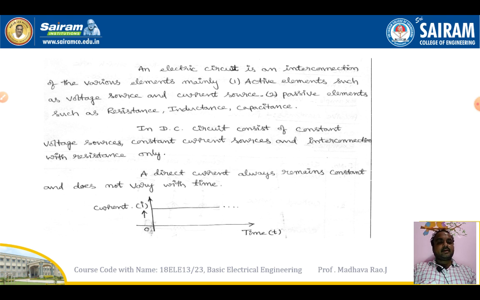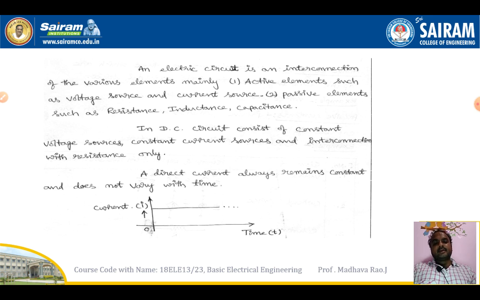The interconnection of these elements is called an electric circuit. A DC circuit consists of constant voltage source, constant current source and interconnection of resistance only. This type of circuit is known as a DC circuit.